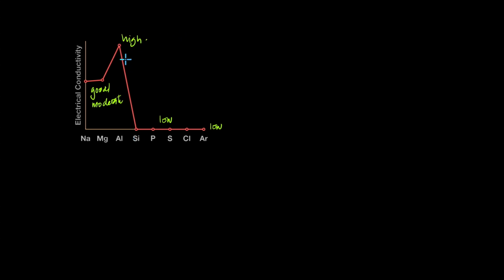And why? Because aluminum has the most delocalized electrons, because it forms Al3+, and there are 3 electrons per atom that get delocalized. So it has a higher melting point and higher conductivity than the other two, sodium and magnesium.